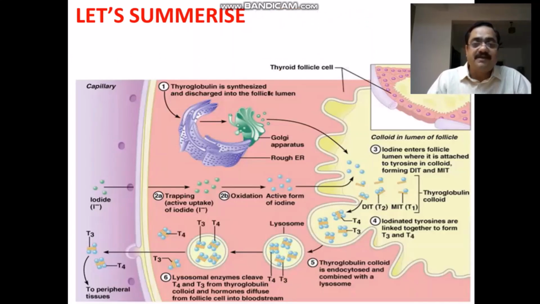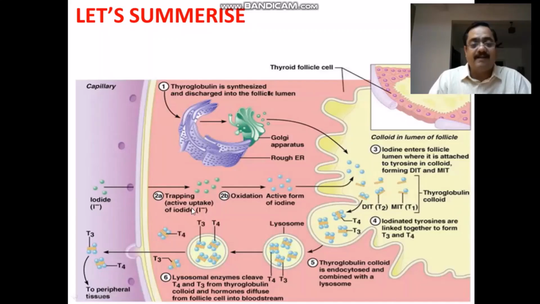So let's summarize that thyroglobulin is synthesized and discharged into the follicular lumen with the Golgi apparatus and endoplasmic reticulum. The first step is ingestion of iodine, which is absorbed into the circulation.